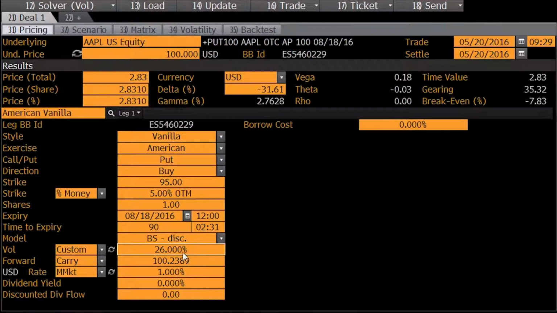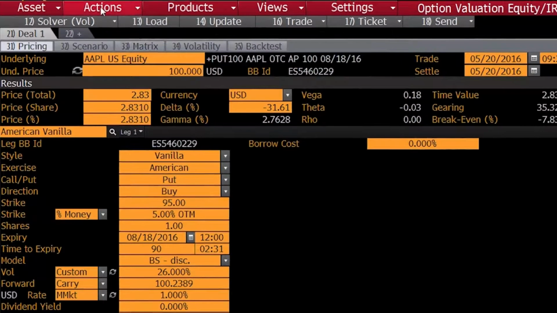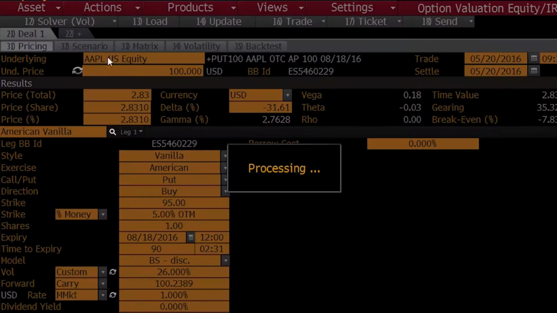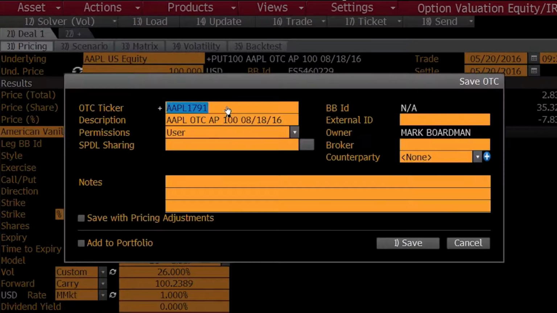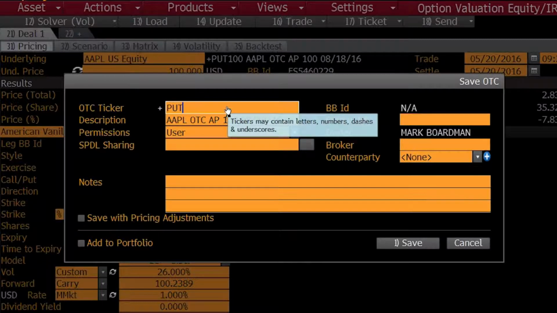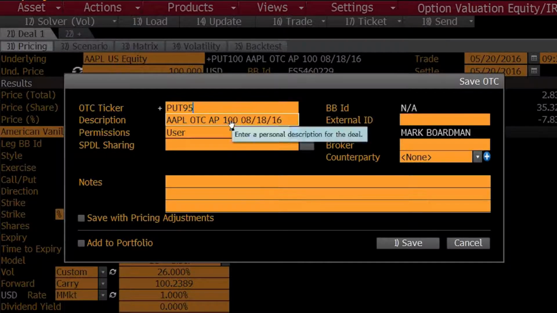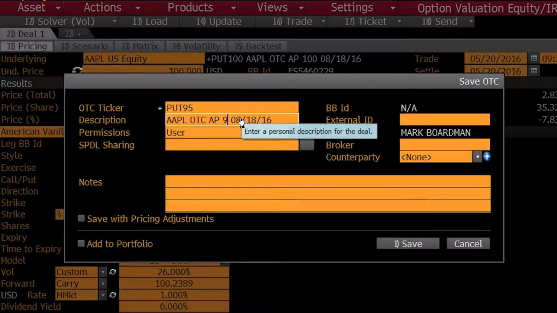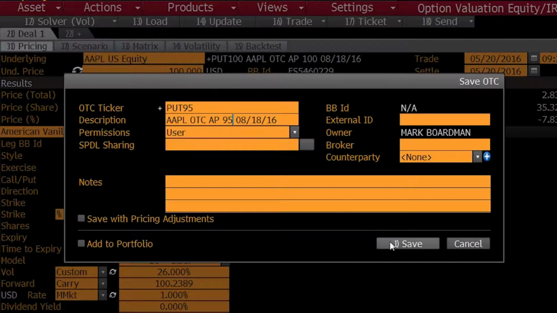So with the 26 forecast vol, this has a value of 2.83 for that put. I will now save this put, Actions, Save Deal As, and this is my put 95. And again, I will change AP. It's not 100. It's going to be 95. So I have the three deals saved.